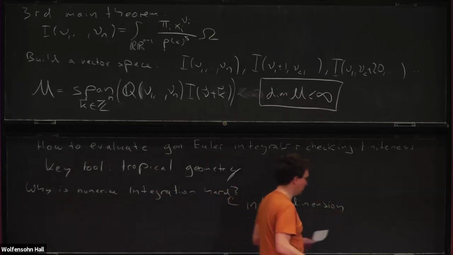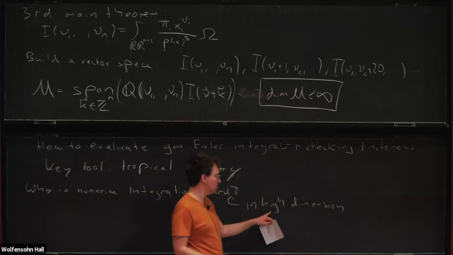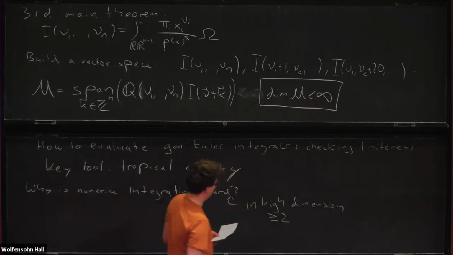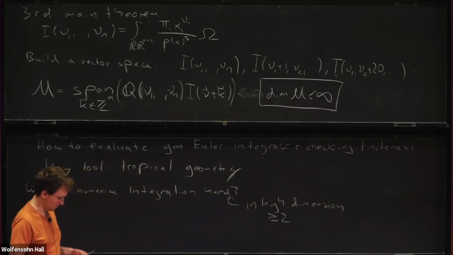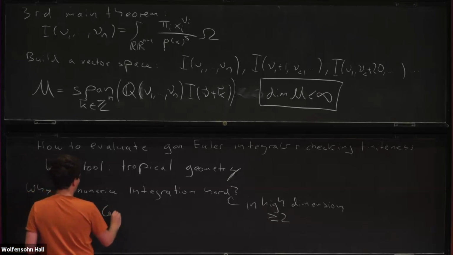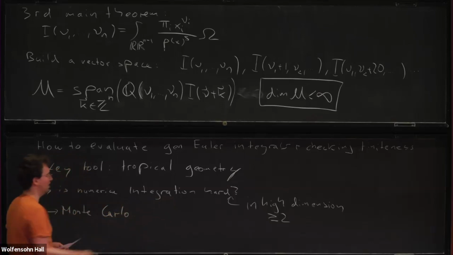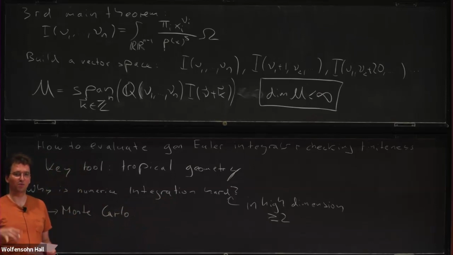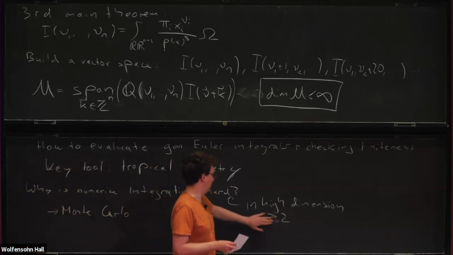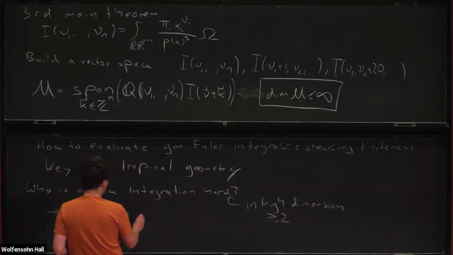And high dimension does not have to mean very much. High means larger or equal to 2, essentially, already for integrals. So it's not very high. And in this case, so-called Monte Carlo integration is the only way to go, or the main way to go. I mean, maybe in 2 dimensions there's a chance to still work out some other things, but especially if it's seriously larger than 2, then Monte Carlo integration is the only way to go.